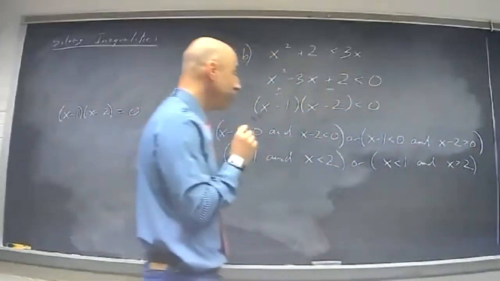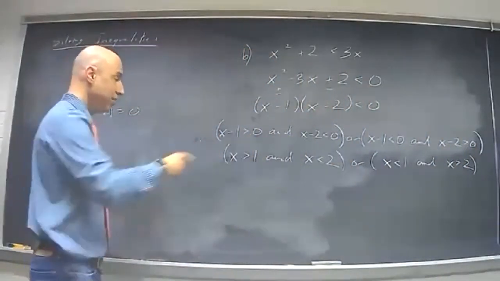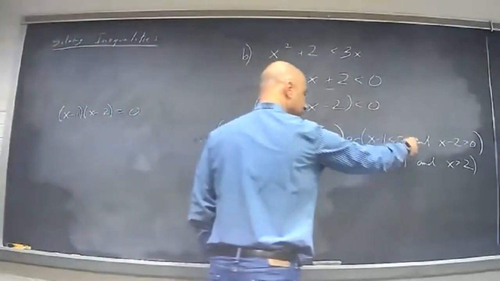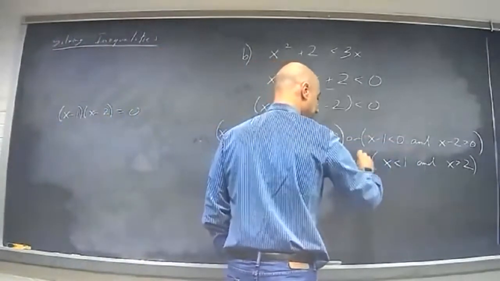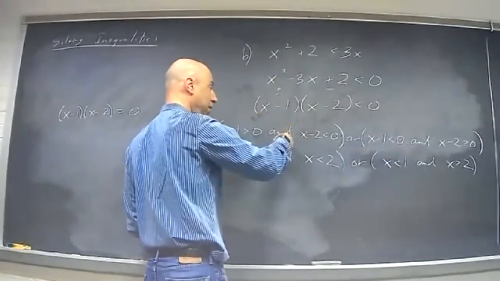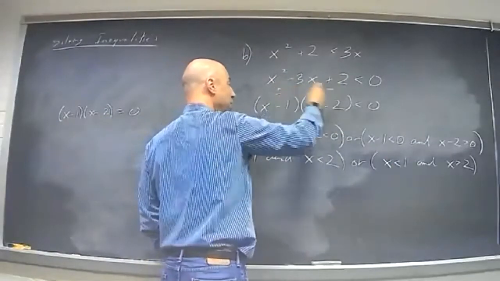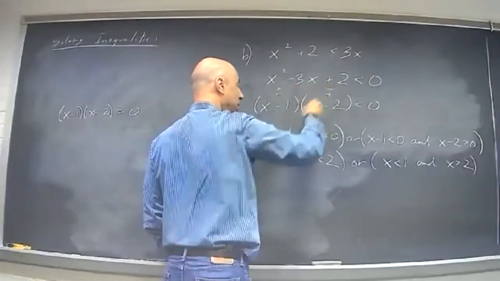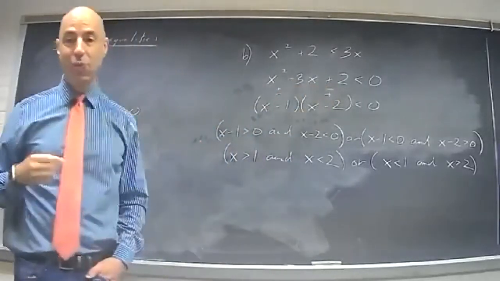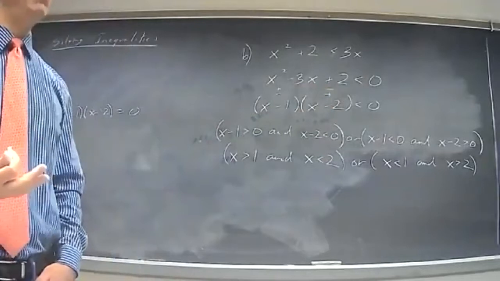The conjunctions are very important here. These are ands and these are ors, and they're ands and ors for a very particular reason. Either this is plus and this is minus, or this is minus and this is plus. We're taking what we know about numbers and just writing down some algebra.